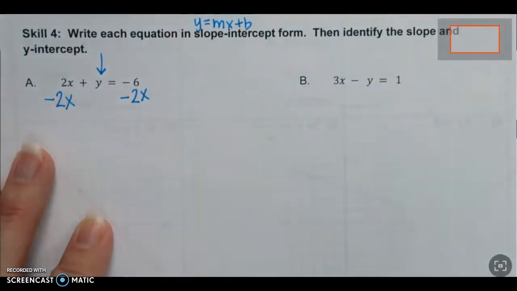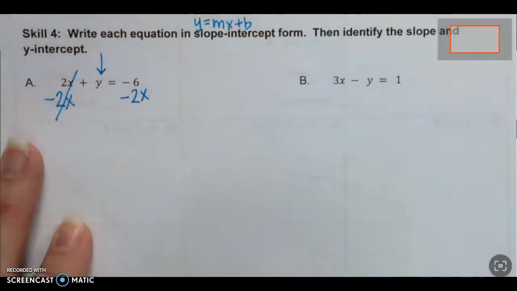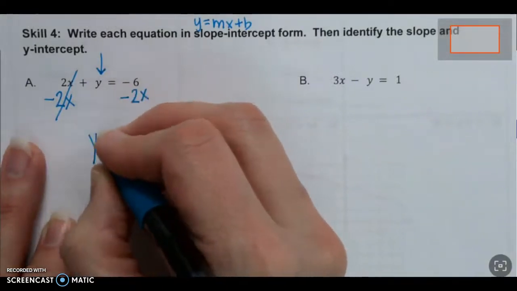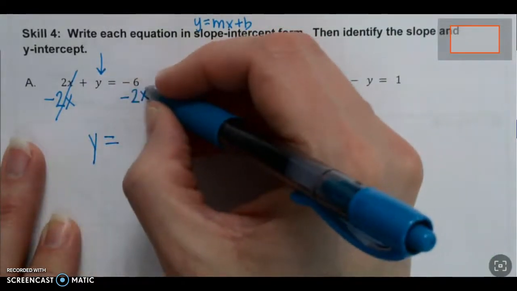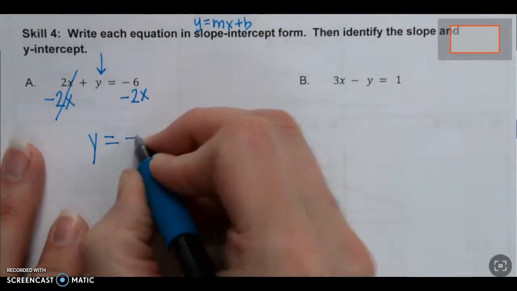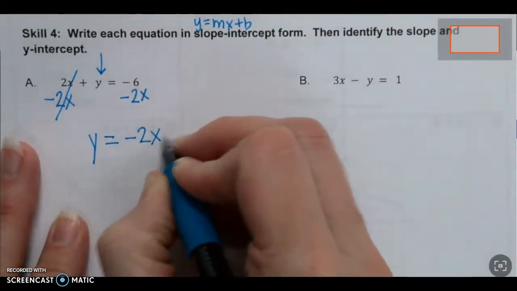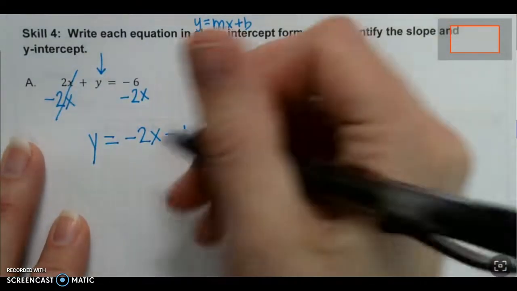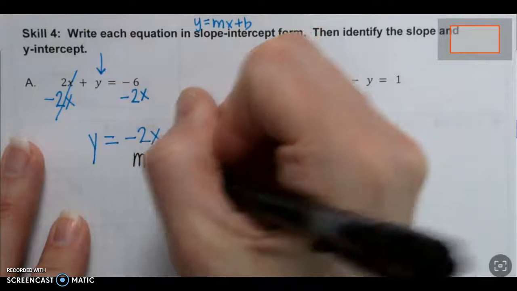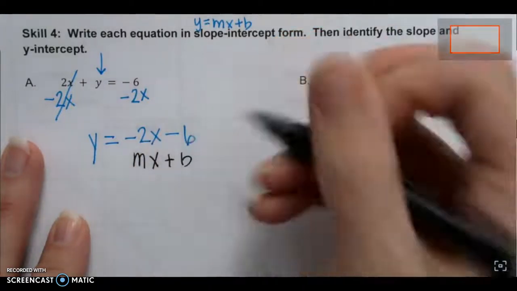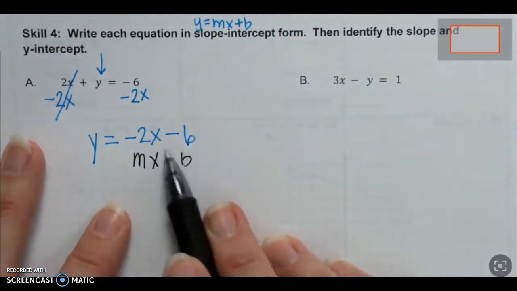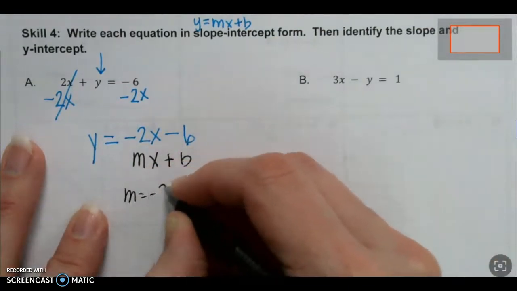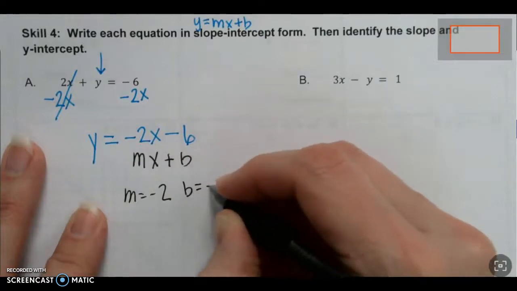But we're not actually going to add those together. They're not like terms. So all I'm going to do, bring down my y, and I'm going to write these two numbers next to each other. -2x and a -6. From this form, I can see my slope is -2 and my b value is -6. So my slope is -2 and my b value is -6.